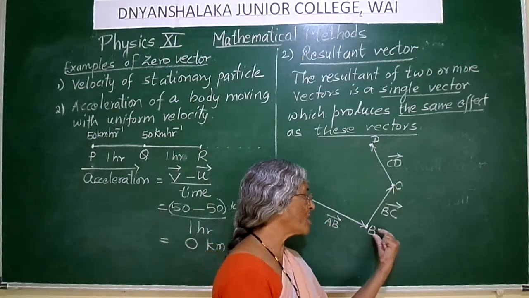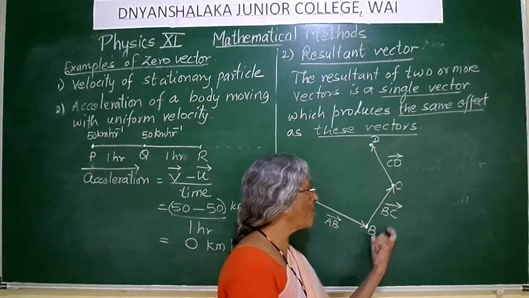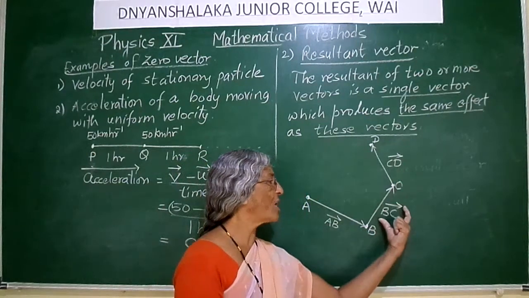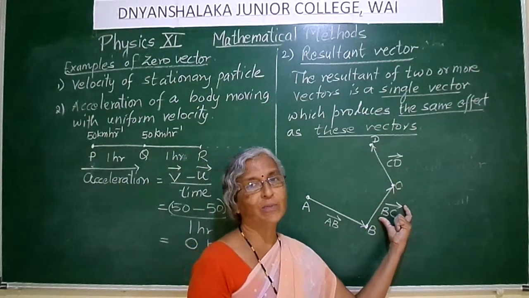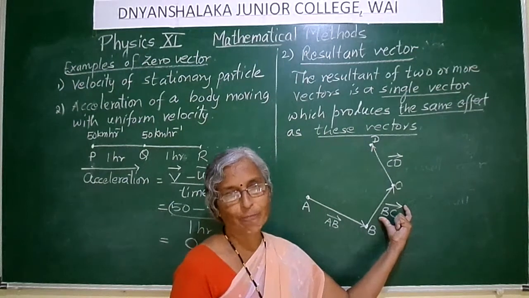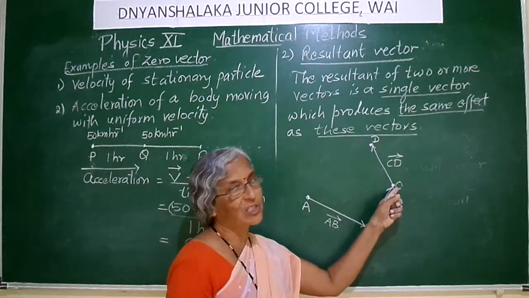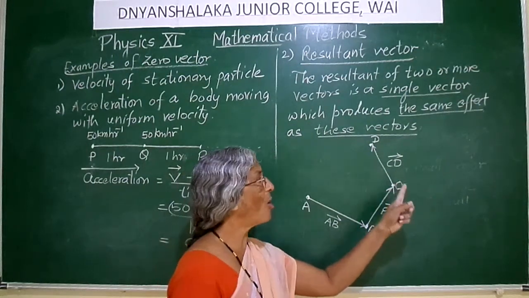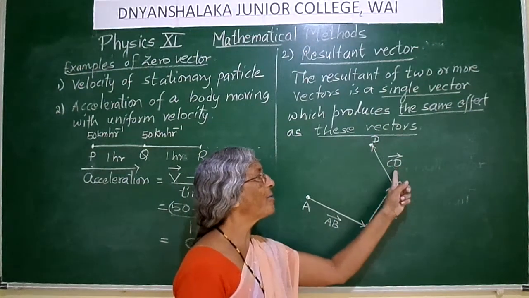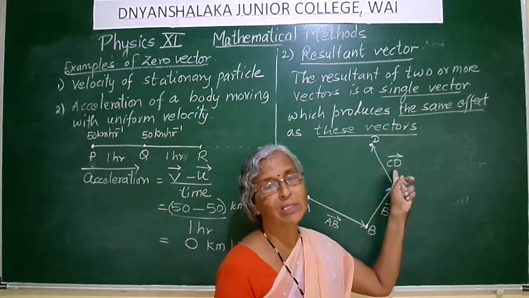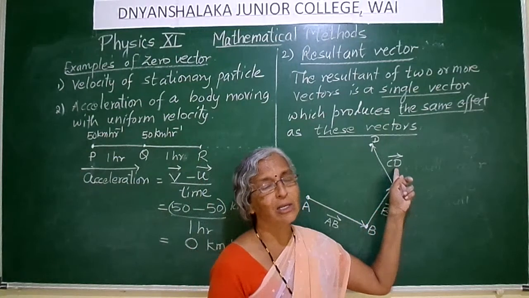Then it changes its direction and moves from point B to point C in this direction. I am representing this displacement as vector BC. C पे आके फिर से उसने डायरेक्शन चेंज कर ली और मूव हो गया पॉइंट D के तरफ. इस डिस्प्लेसमेंट को हम रिप्रेजेंट कर रहे हैं वेक्टर CD से.